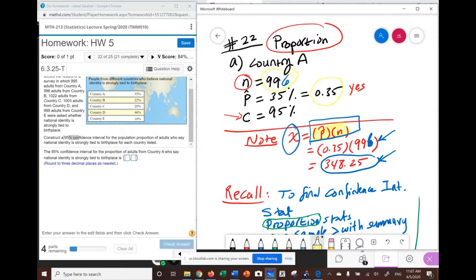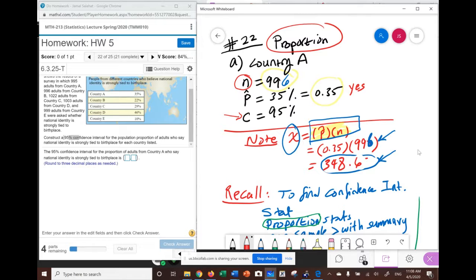So 0.35 times 996 gives a total of 348.6. My recommendation is do not try to round this number, because this is not the final number.